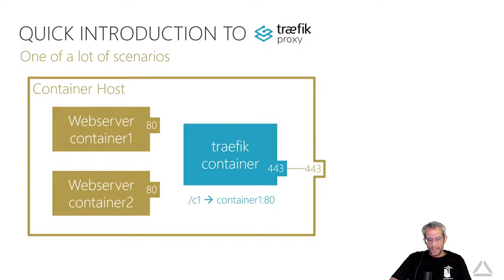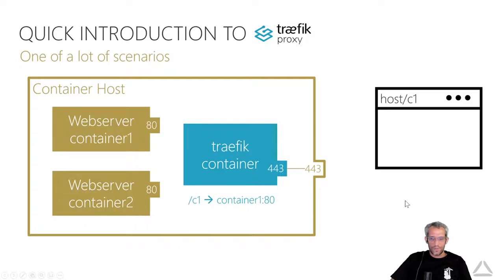So if a request comes in which has the host and then /c1 as part of the path, then it will know to redirect you to container 1 on port 80. Those rules are not happening automatically, but instead you need to define them. But as we will see in a second, it's very easy to define those rules and make sure that the right connection is happening when the request comes in.